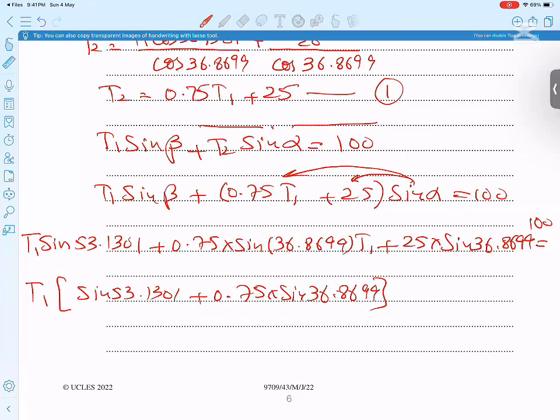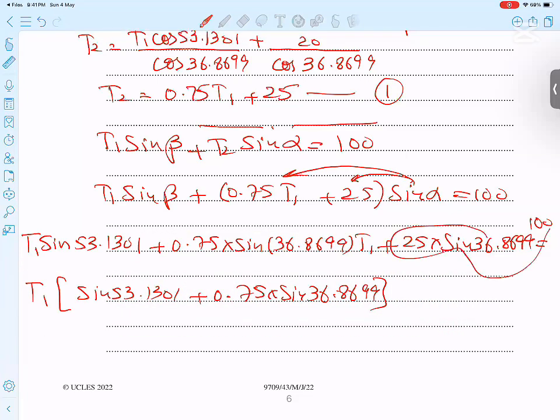And students, what about this number? We'll go with 100. I'm typing in the calculator 100 minus 25 times sin 36.8699, and I'm getting here 84.99 and so on. Now this will go down and divide.